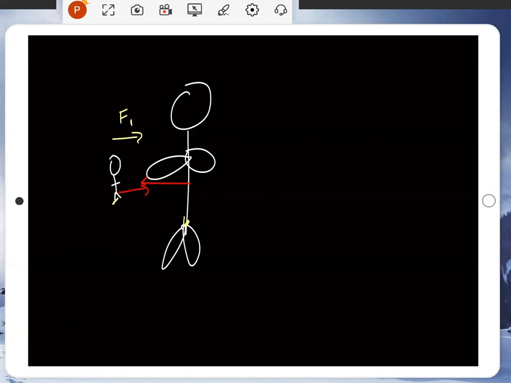And is it the same, greater, less? Oh wait, are you talking about the force of the little person on the big person, or the big person on the little person? So I'm saying that the force of the little person on the big person is this here, right? It hits them and it's just some value F1. We can call it 10 newtons, 50 newtons. I don't care. It doesn't matter. It's just some force. And then I'm asking, how big is the force compared to this one of the big guy on the little one?